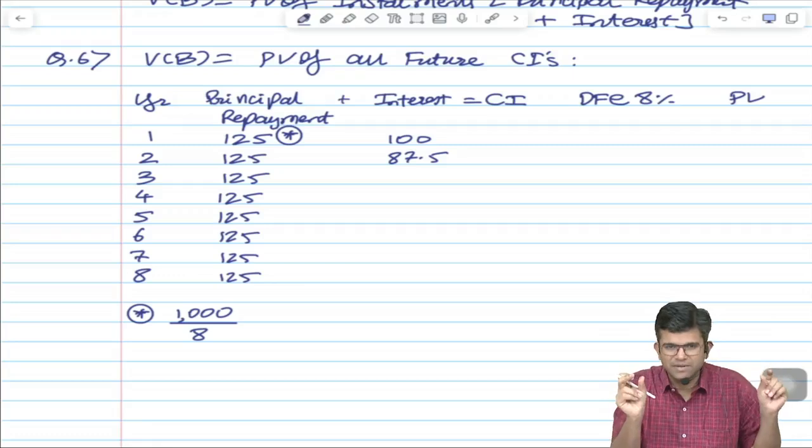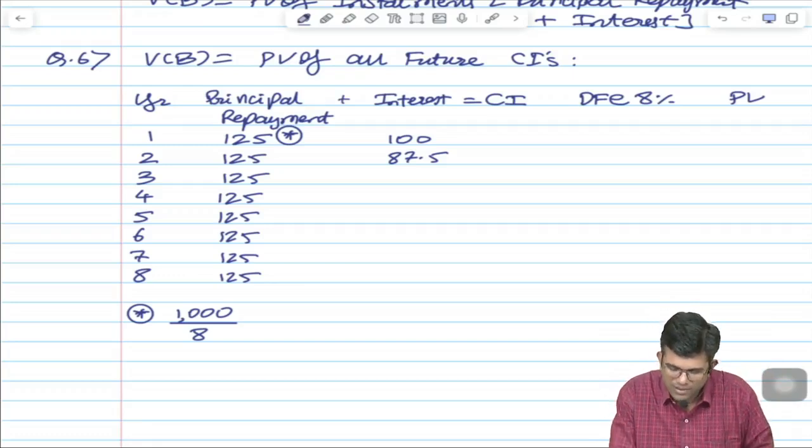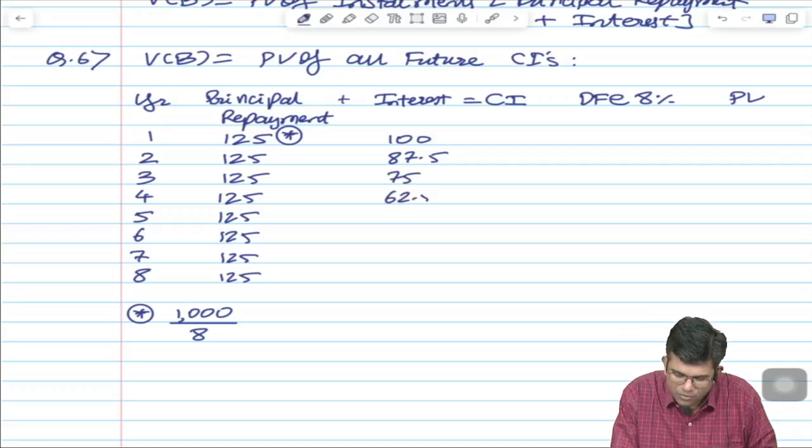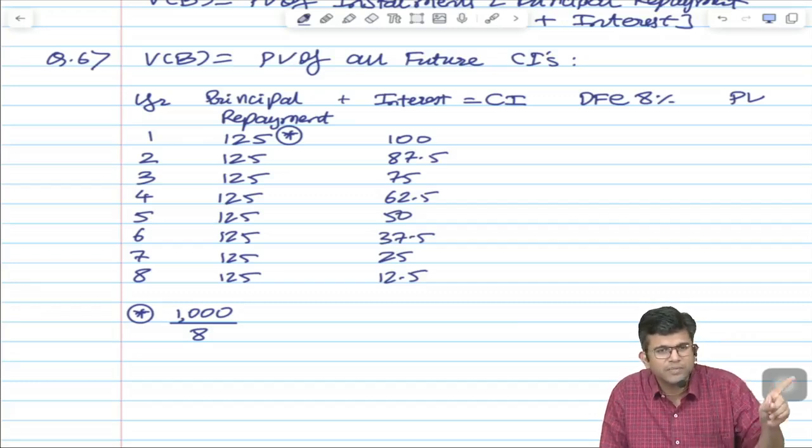Interest rate is 10%, so 125 into 10%, 12.5 rupees interest will reduce every year. Like that shortcut, now 87.5 we got, 75, 62.5, 50, 37.5, 25, 12.5. I'm subtracting 12.5 rupees every year because the principal is reducing by 125 every year, so interest will reduce by 10% of it.